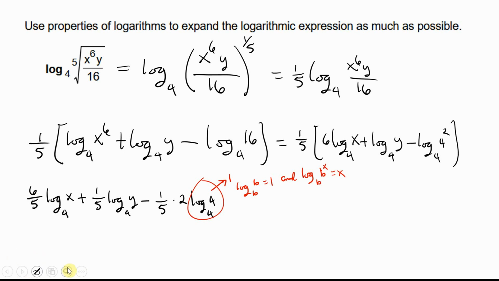And that's the cool thing about these properties, they don't collide with each other. So the answer is 6/5 times log base 4 of x plus 1/5 log base 4 of y minus just 2 times 1/5, or just 2/5.